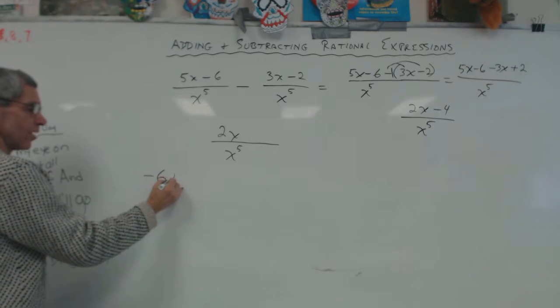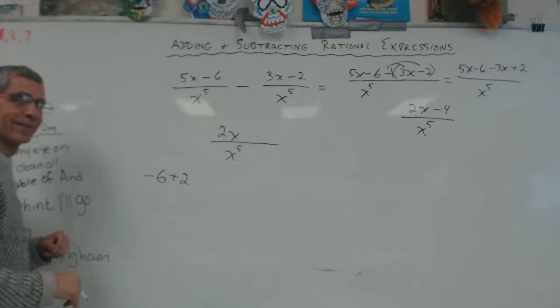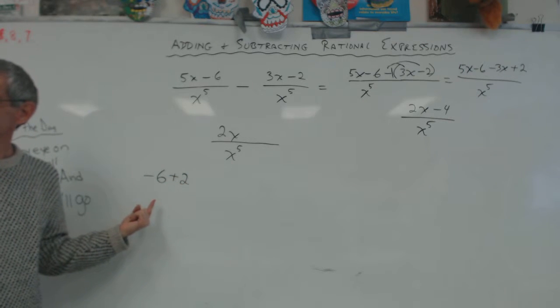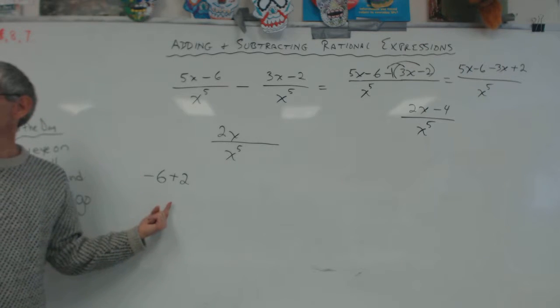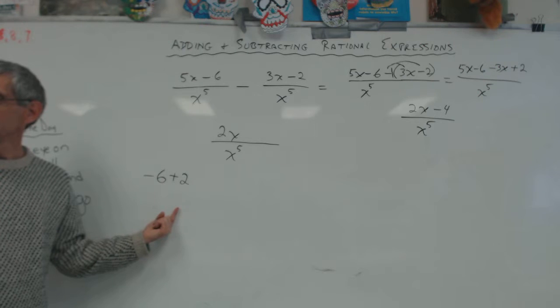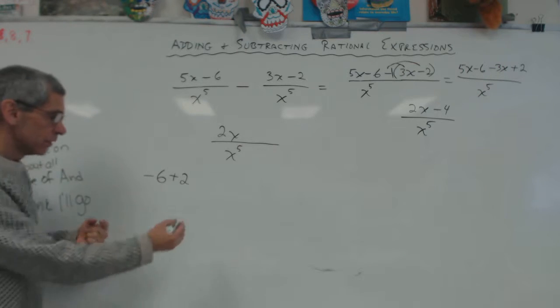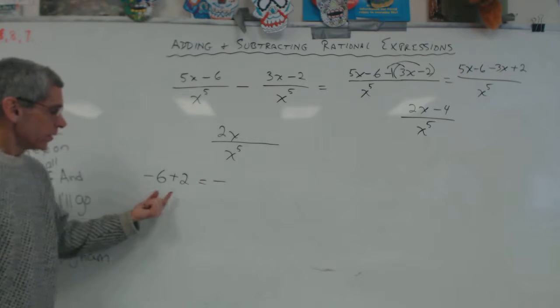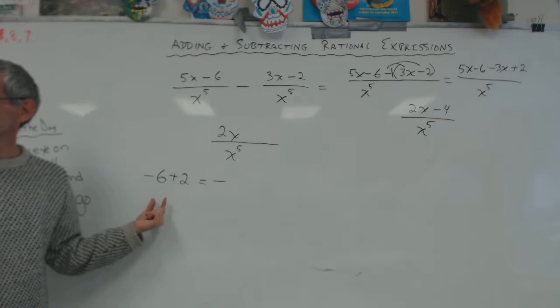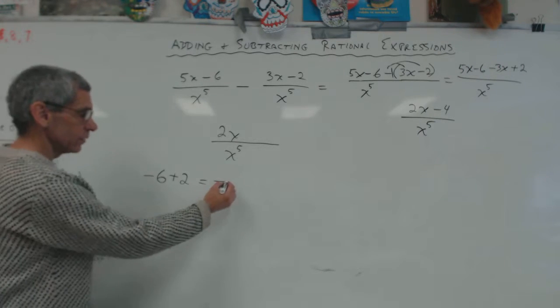Is this going to be positive or negative? Negative. You know it's going to be negative, right? So now just take 2 away from 6. What's 6 minus 2? 4. It's going to be negative 4.